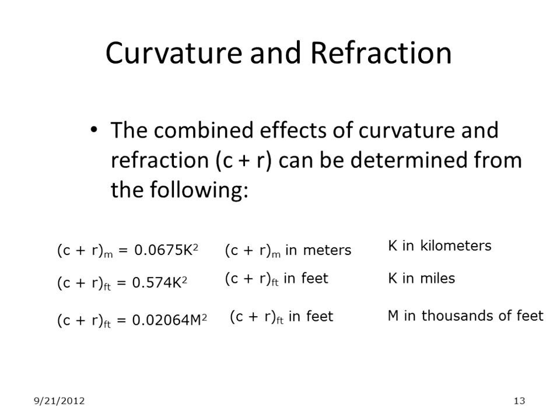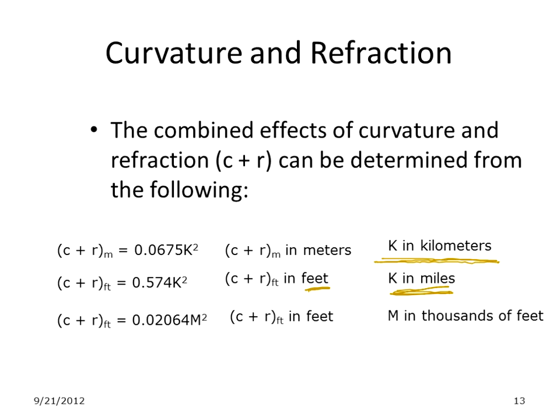So you can see the formulas here. The error due to curvature and refraction in meters is equal to 0.0675 K squared. It's very important that K be in kilometers. In this case, if you're looking for the error in feet, 0.574 K squared, K must be in miles.